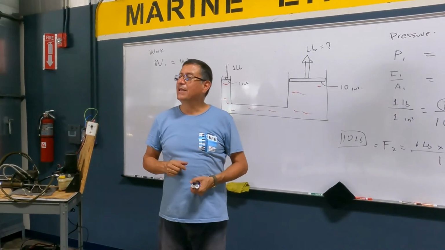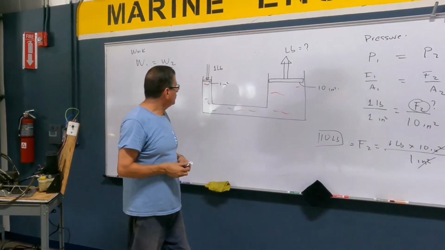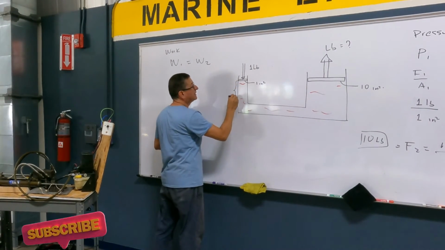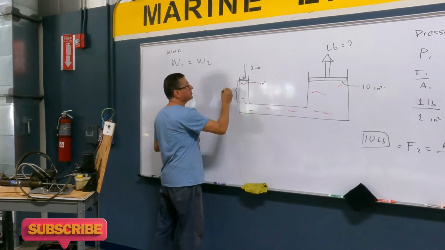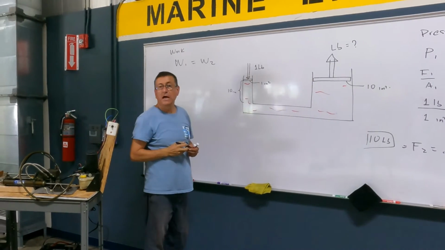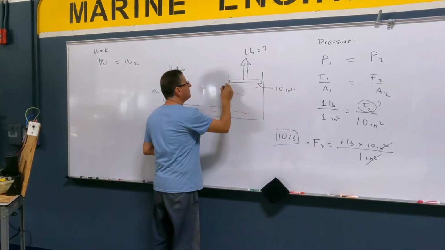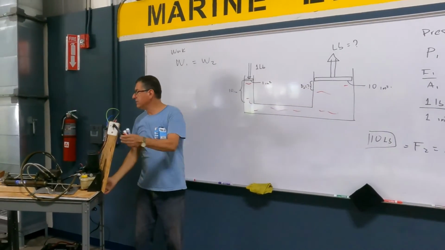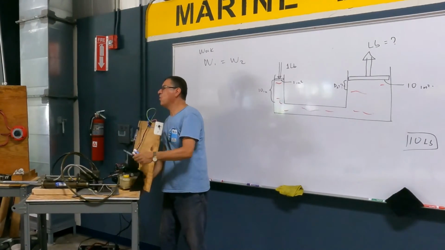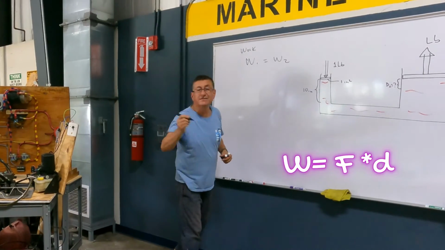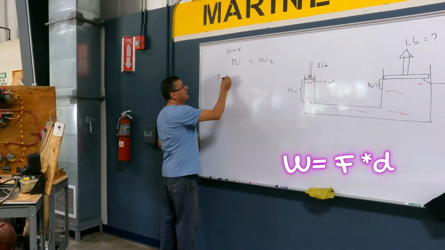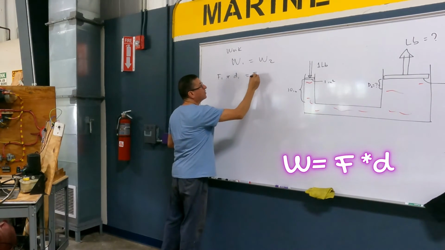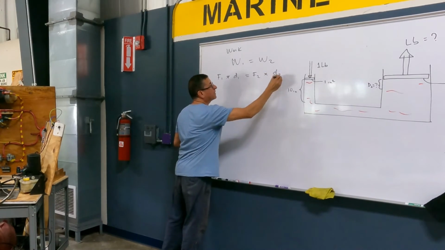And let me calculate the distance. Suppose that I move this piston 10 inches. I want to know how much is the movement of this one, the distance number 2. What is the formula for work? It is force times distance. Force number 1 times the distance number 1 is equal to force number 2 times the distance number 2.